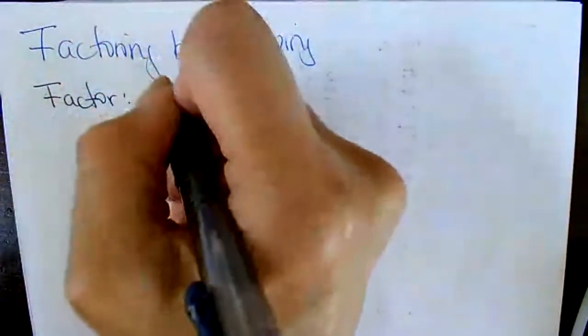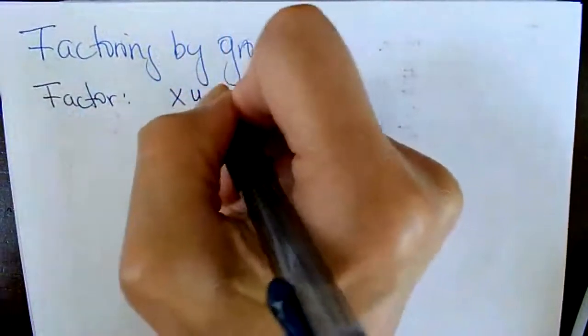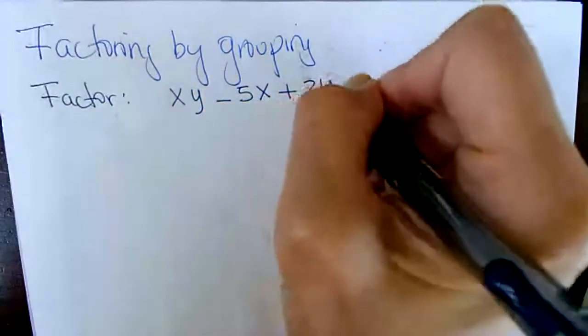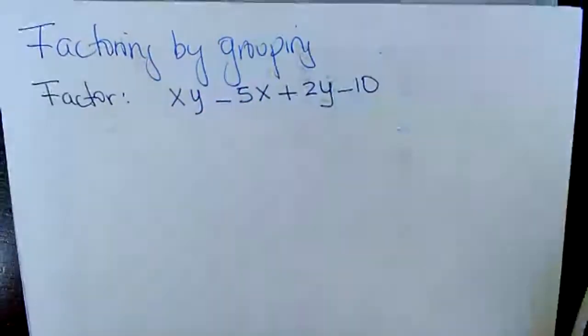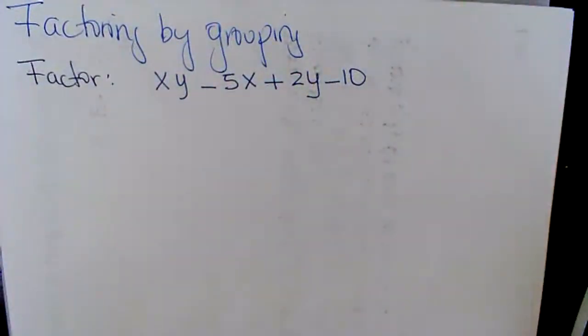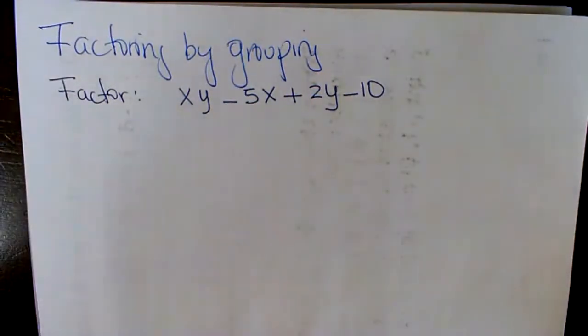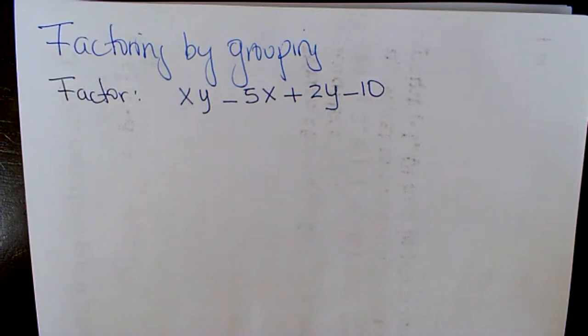So let's do the first one. It says we're gonna factor xy minus 5x plus 2y minus 10. We're gonna do it step by step, this one, okay? So first, we are going to split into 2 groups of terms.